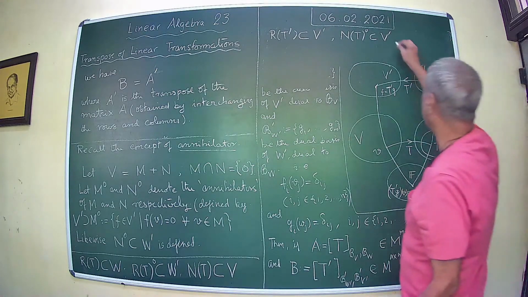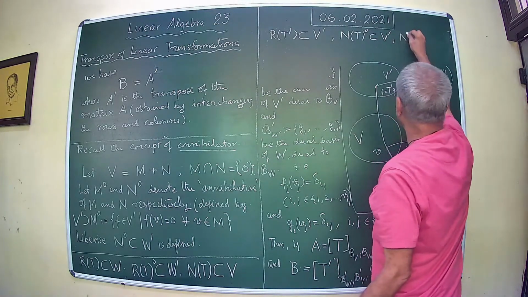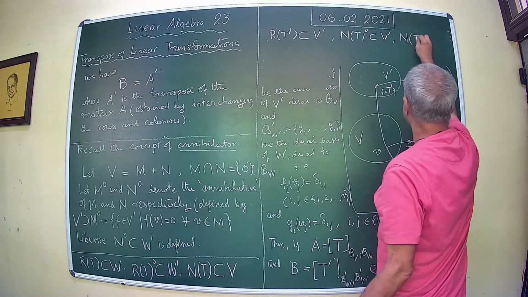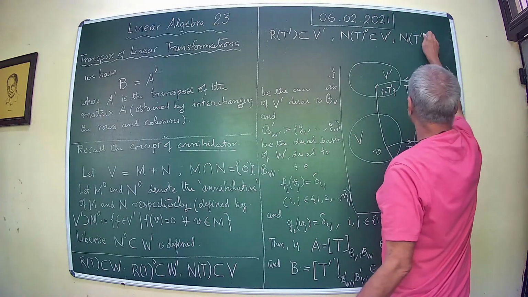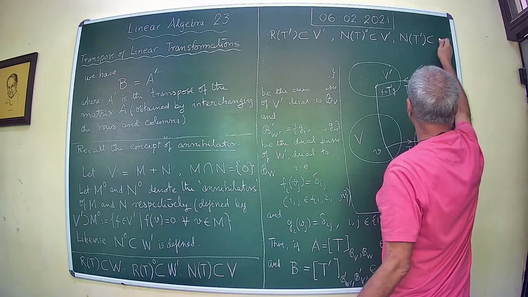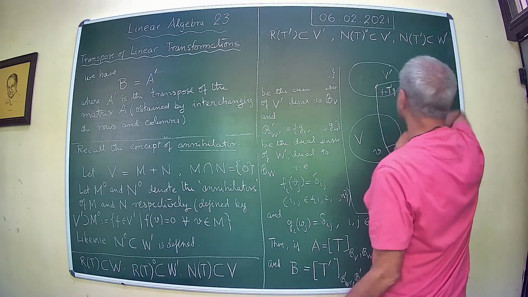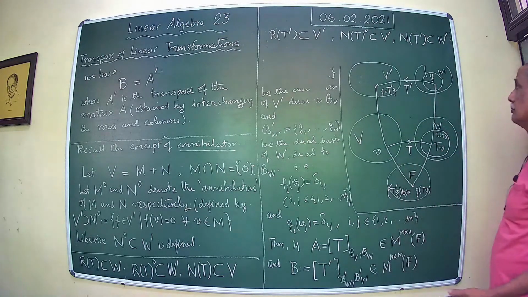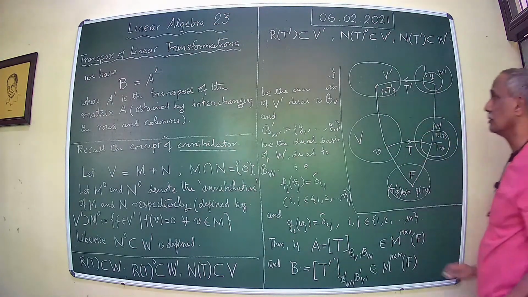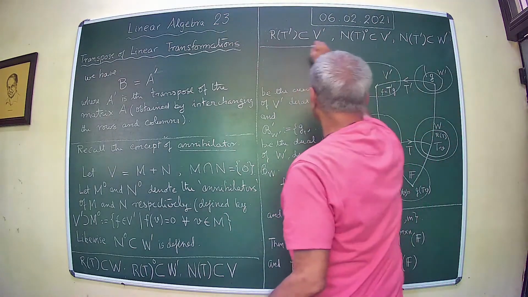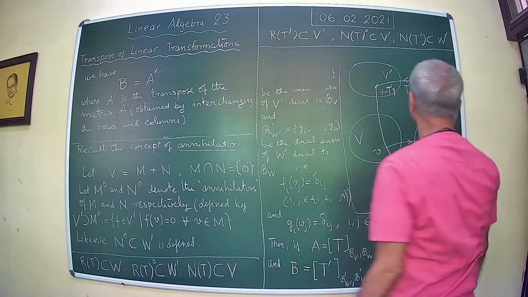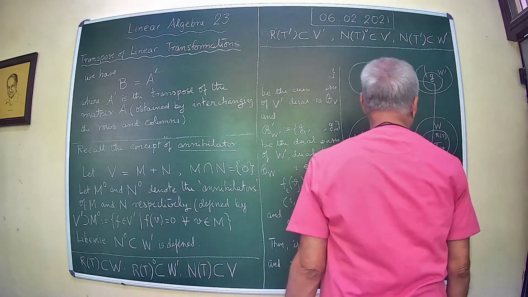And we also have the null space of T prime contained in W prime. All these results, all these identifications we have.